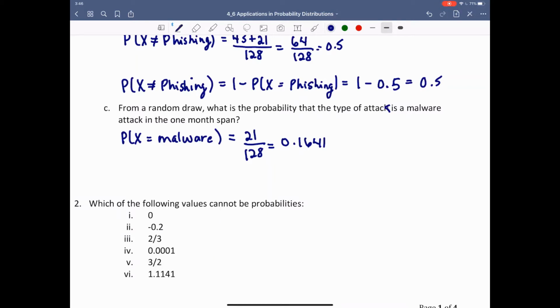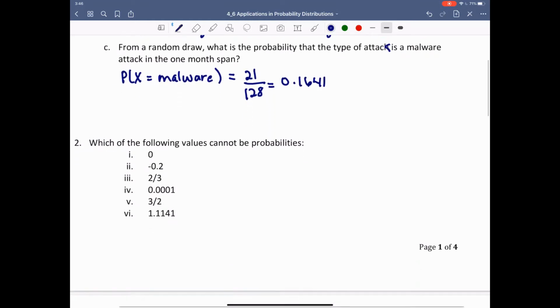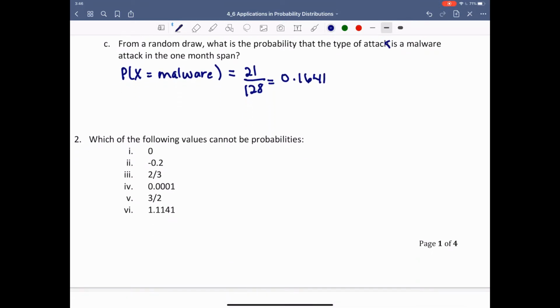Question number 2, it's a multiple choice problem. It says, which of the following values cannot be probabilities? So recall, possible values for probability range between 0 and 1. Probabilities cannot be negative, which means that we can already identify that number 2 is not possible, and they cannot be greater than 1.